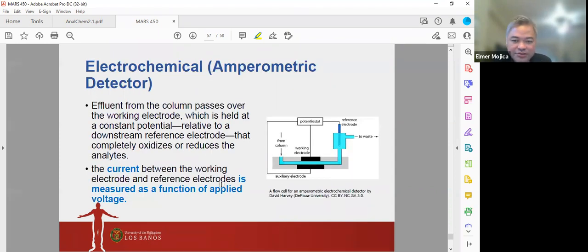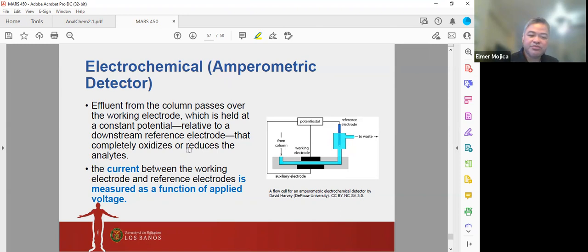Now, another one that is useful is the so-called electrochemical or amperometric detector. The way that it works is you look at the current. The effluent from the column passes over the working electrode, which is held at a constant potential relative to the downstream reference electrode.